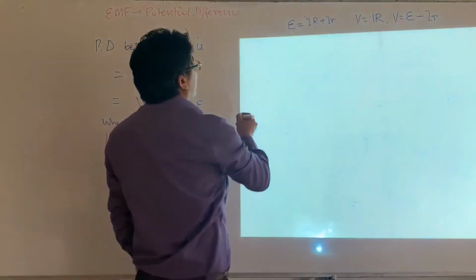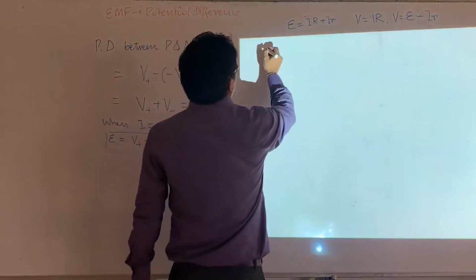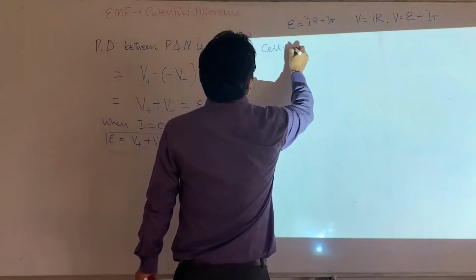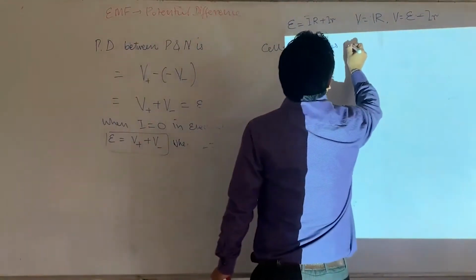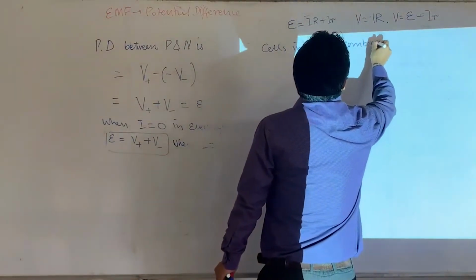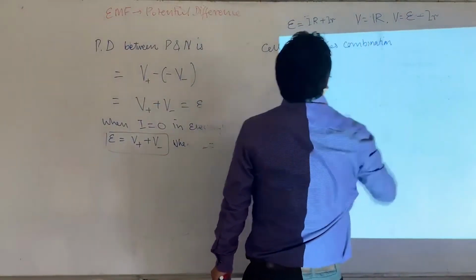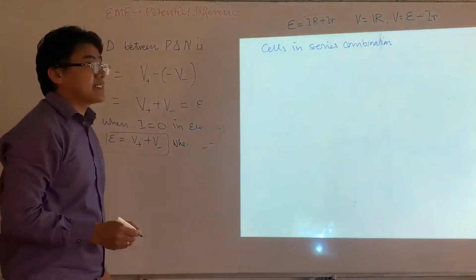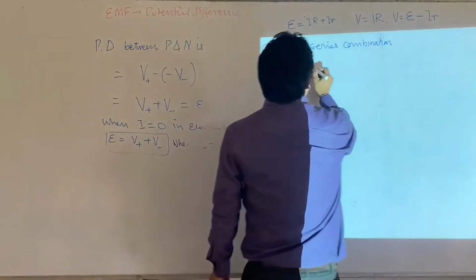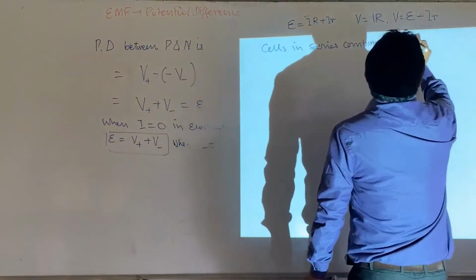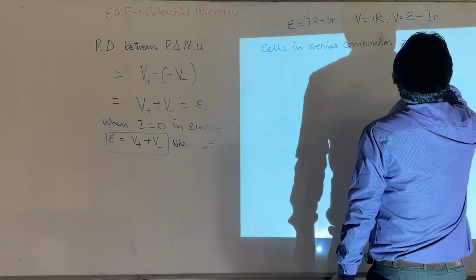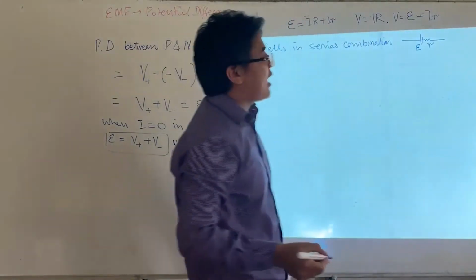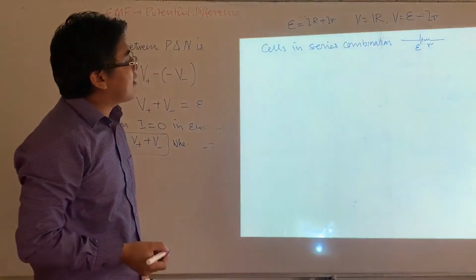Now first, I would like to do cells in series combination. Normally we represent a cell like this, with internal resistance and EMF.